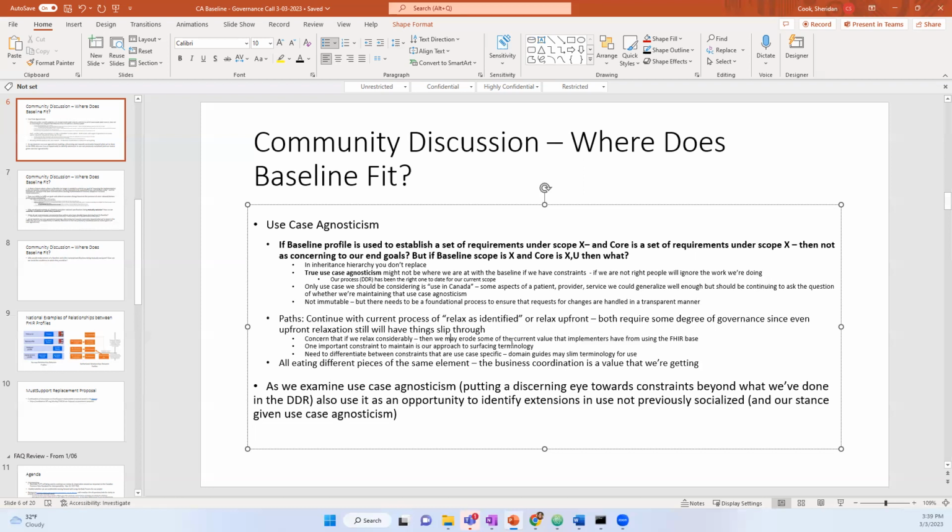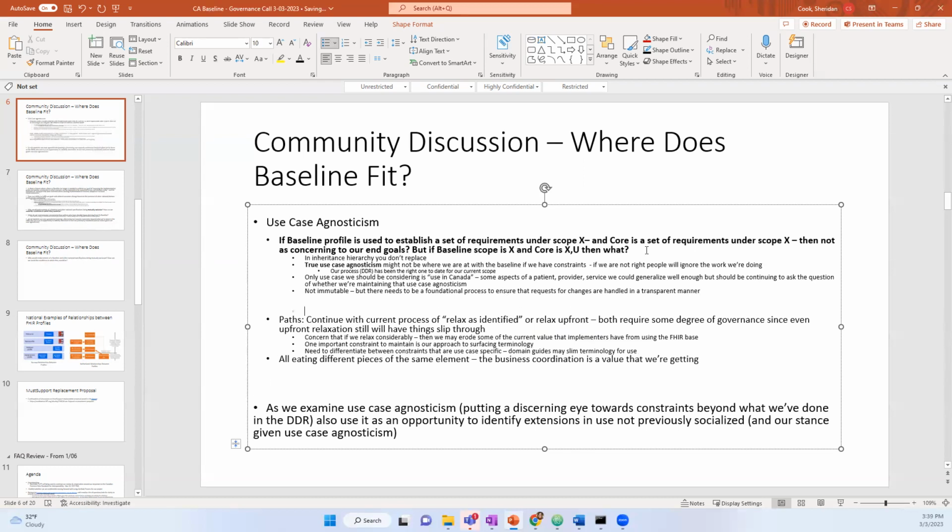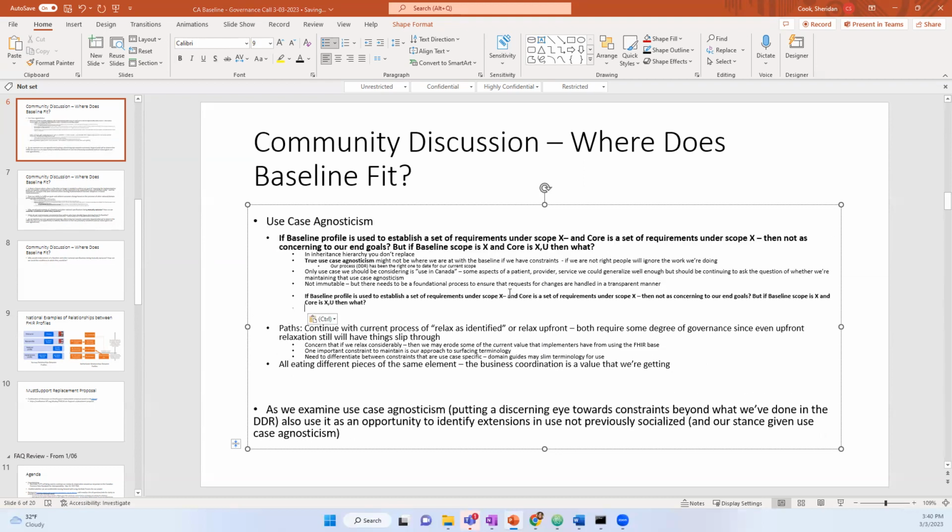My worst nightmare here is diversion between the baseline and the core at the fundamental level. So if the patient profile defined in the Canadian patient summary is significantly different from the Canadian patient profile in the baseline, that's going to create huge challenges. Now, it may not be that. I don't know. But we're not right now coordinating between CA core and CA baseline.